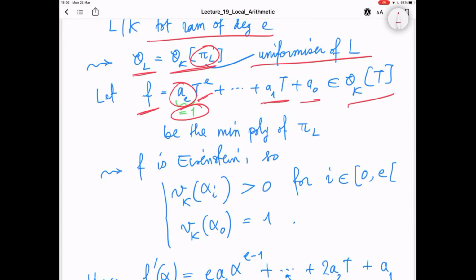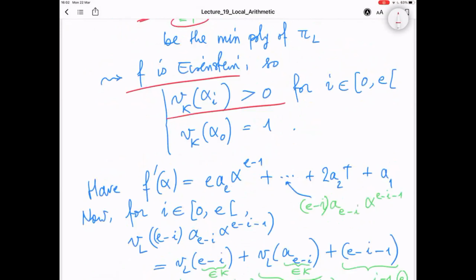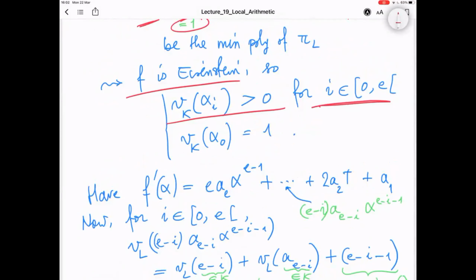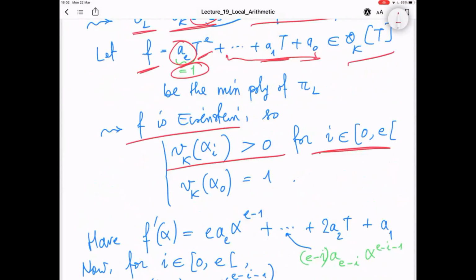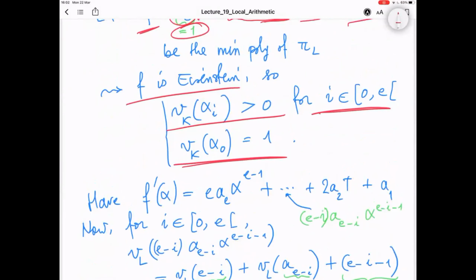What we know is that this is an Eisenstein polynomial. So v_K of a_i is strictly positive for all these i's from 0 to e minus 1, all these coefficients here. And v_K of a_0 is actually equal to 1.